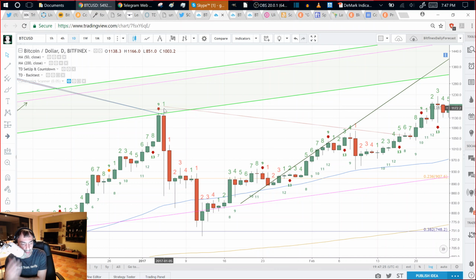But I look at Bitcoin differently. Bitcoin is a 24-hour market. And when you compare this candle right here that flipped the color, the close of this candle, you can see it in the upper left-hand corner, was 905. If you go 4 candles earlier, 1, 2, 3, 4, the close of that candle was 898.5.